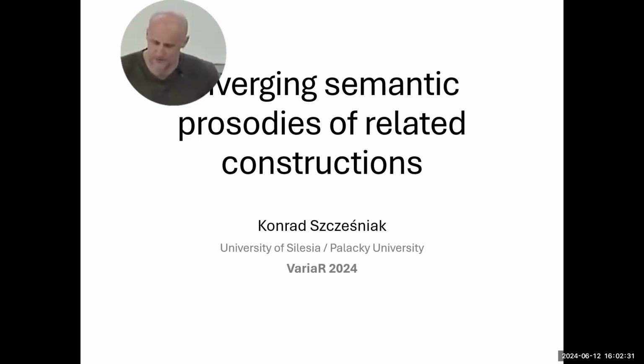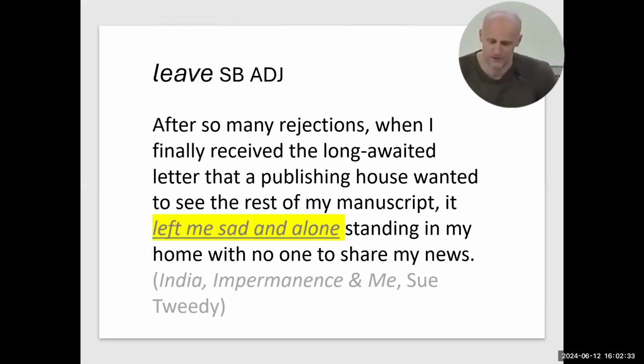And so one example that I want to start with is the grammatical construction, leave somebody adjective. And to understand the semantics of the construction, I want you to imagine the context of this example. So here we have an aspiring author, okay, who has been rejected by publishing houses, countless rejections.